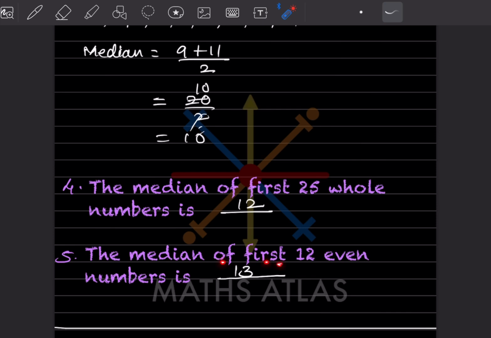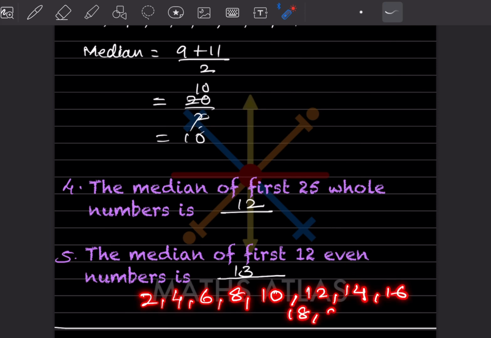The median of the first 12 even numbers. First 12 even numbers means you will start with 2, 4, 6, 8, 10, 12, 14, 16, 18, 20, 22 and 24.